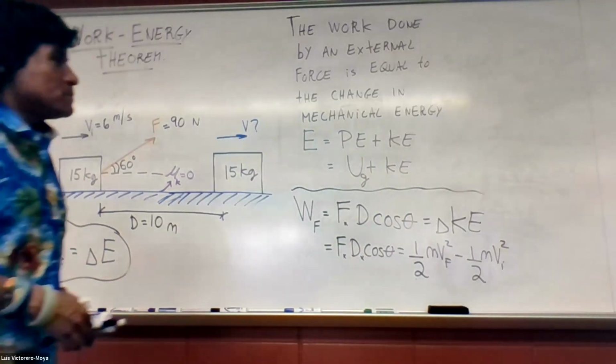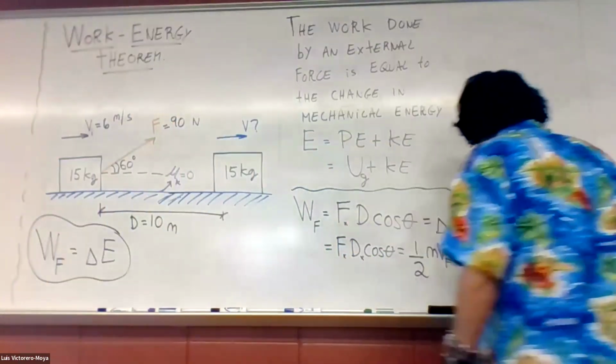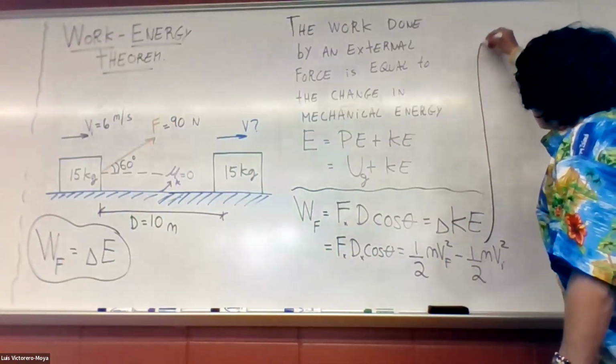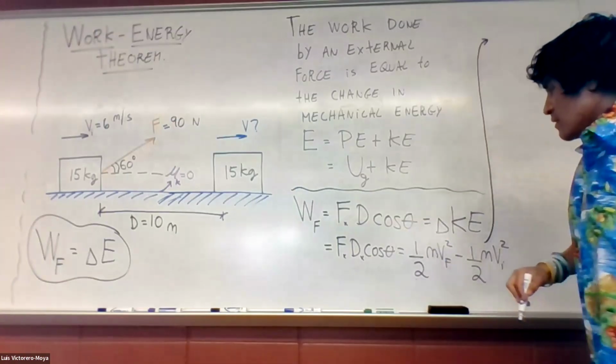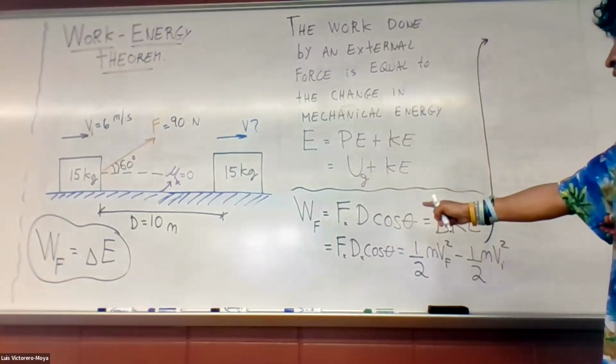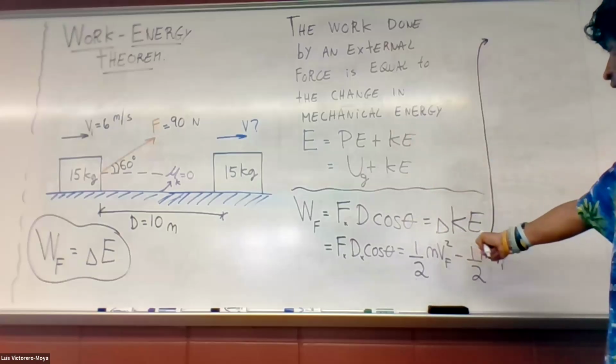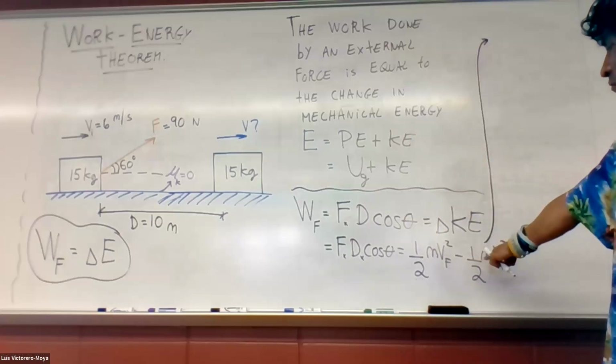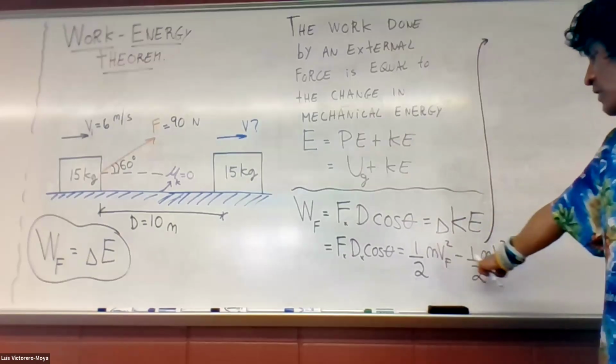All right. So we can substitute all the values. I have 90, 10, cosine 60, and then you see here, you can factor 1/2 m on both sides.